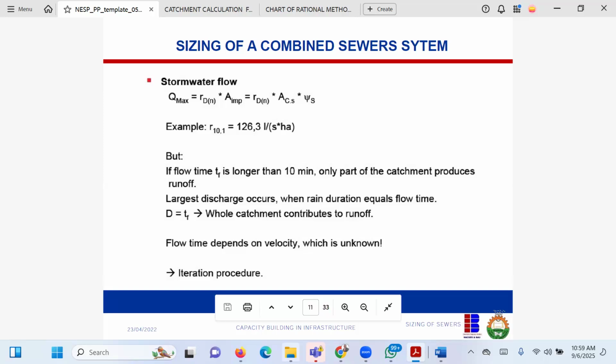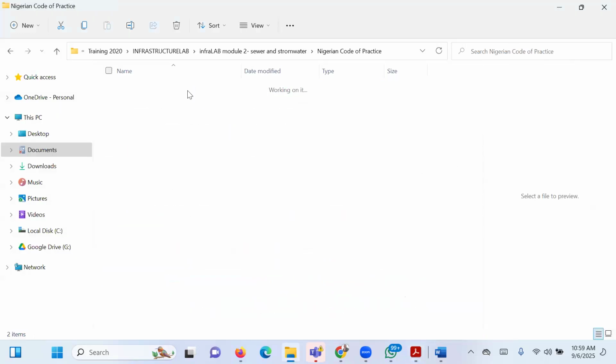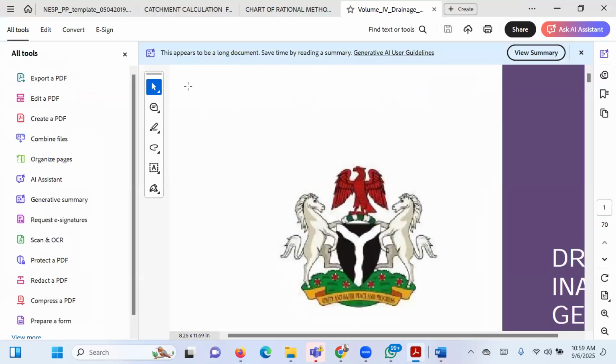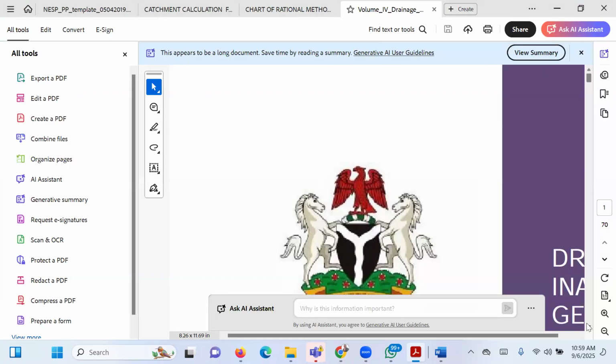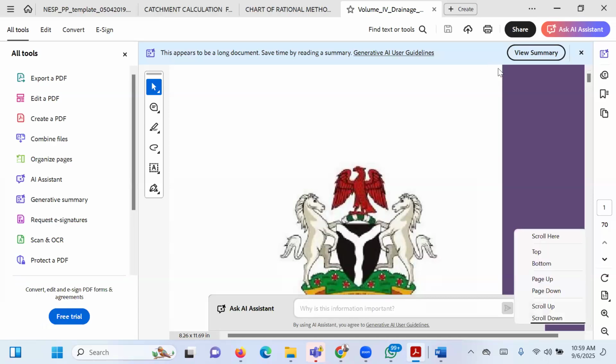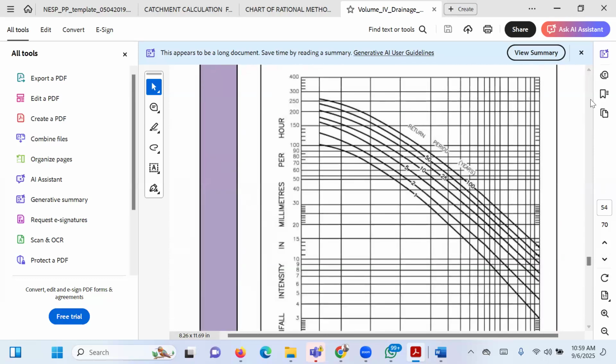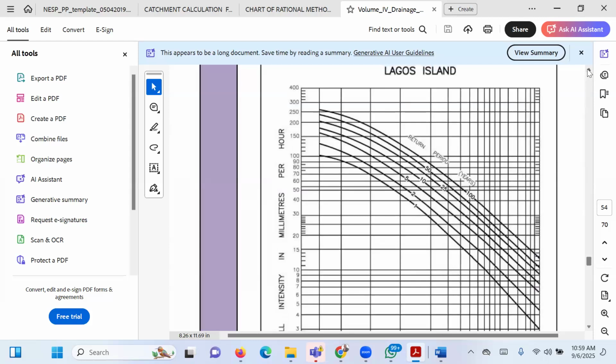Let me quickly go to our design code, which I shared with us last time. Let me use one of the cities. Good. What city is this? Lagos Island.